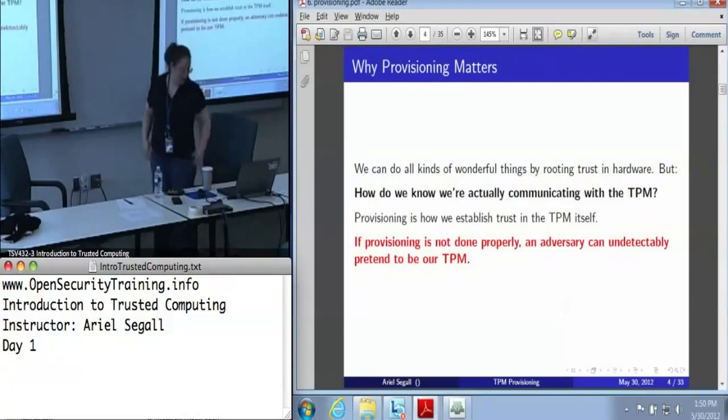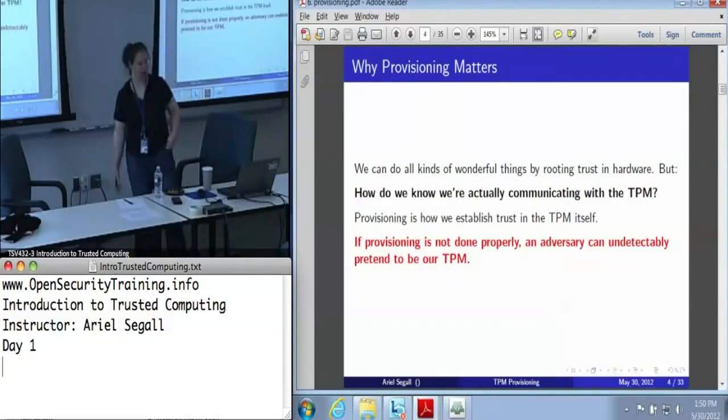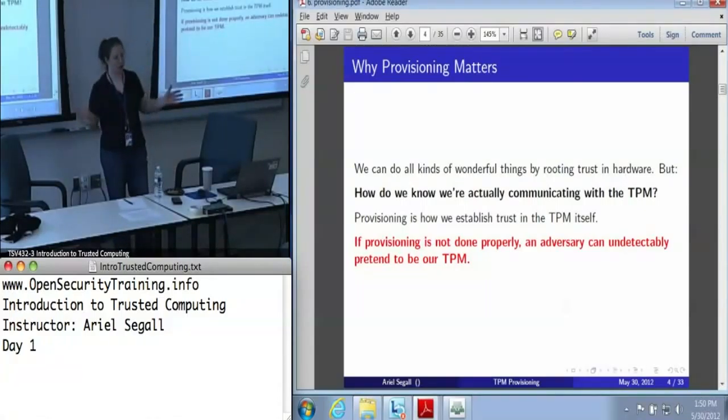Now, provisioning is critical. Provisioning is underappreciated. People tend to hand wave it and say, well, we know we're working with a TPM. Well, the problem is, how do we know that what we're talking to is a TPM? Provisioning is, in my mind, and I will be clear here, this is not industry terms, this is Ariel's terms, how we establish our trust in the TPM itself.